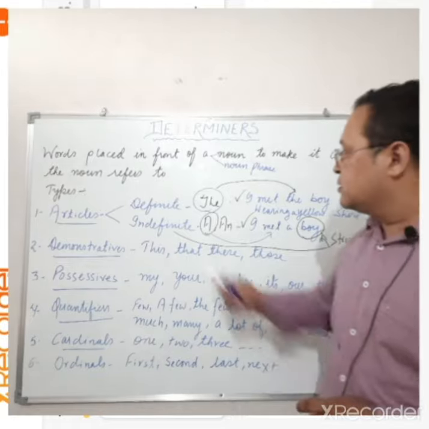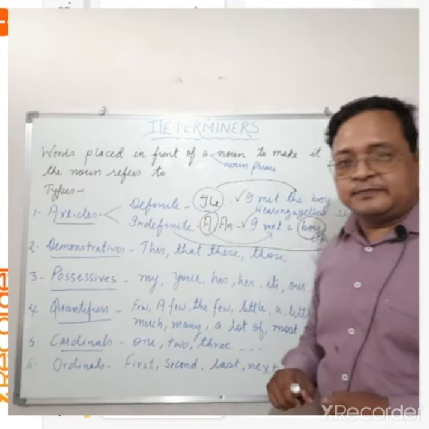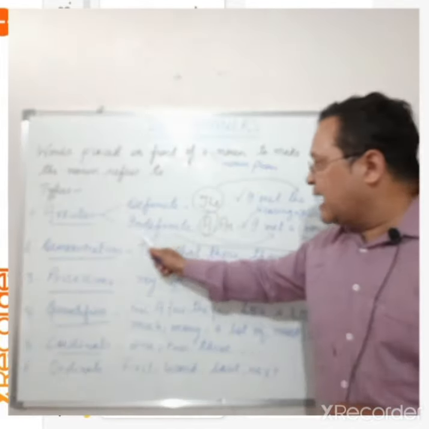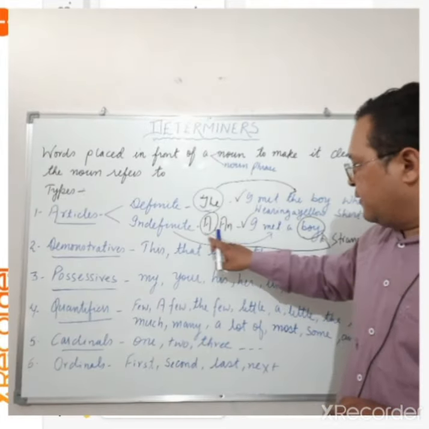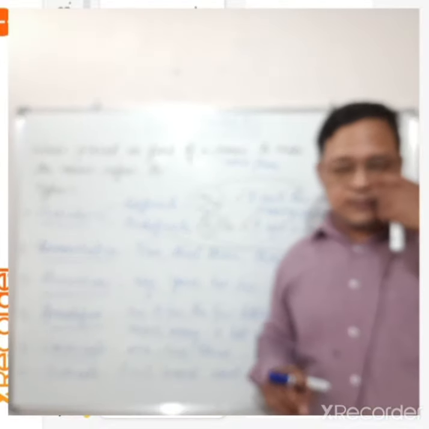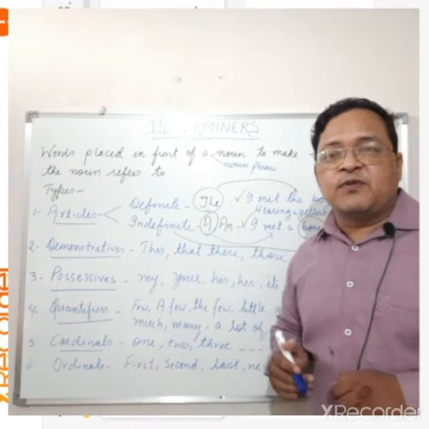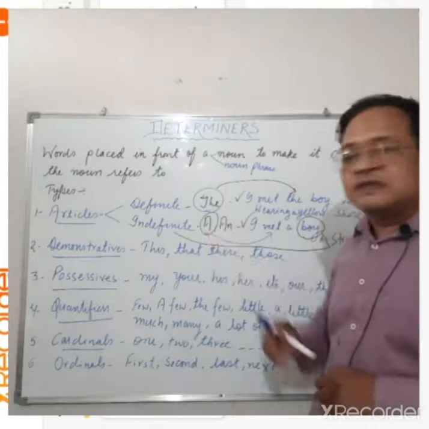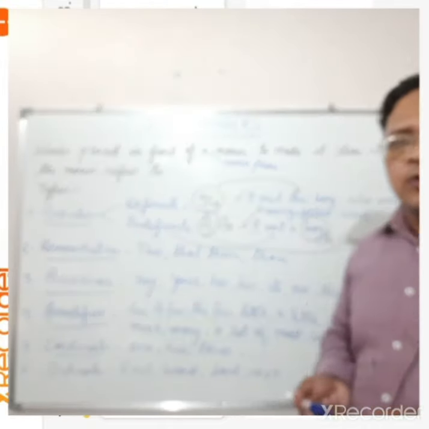That's why children, the is a definite article. A and an are indefinite articles. If I tell you more specifically about a and an, an is generally used before vowels and a is used before consonants, which you know very well.